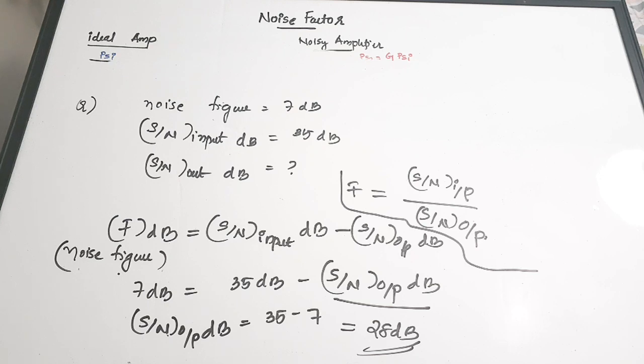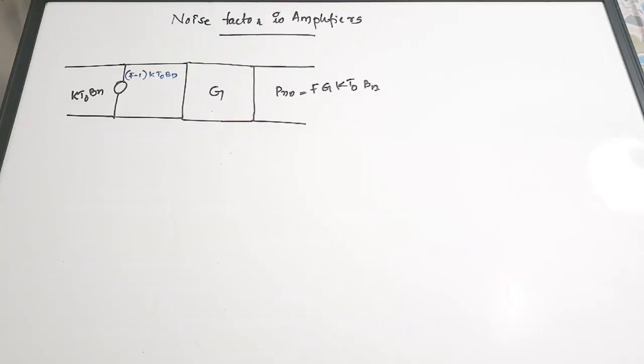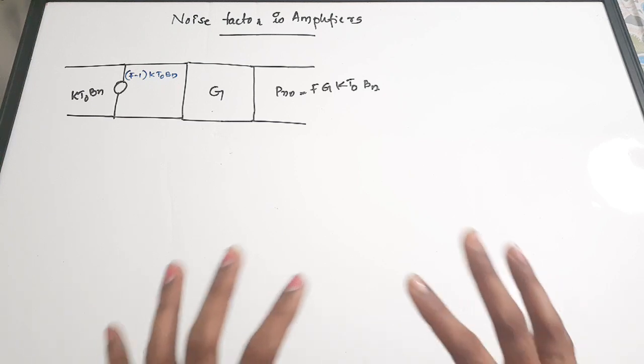Okay, next we are going to discuss the topic of noise factor and amplifiers, and also we'll be discussing the Friis formula. So next we are going to discuss the noise factor in amplifiers. In amplifiers the noise is generated due to various components throughout the amplifier.